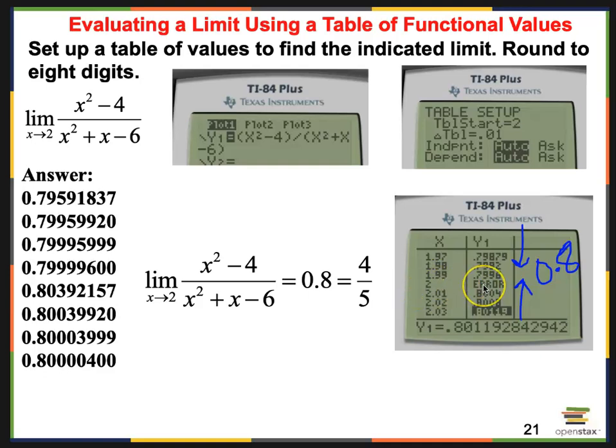Now at 2, there's an error, but as x approaches 2, you can see they're both getting closer and closer to 0.8. Not equaling, not getting to 2, but it's getting close to 0.8. So 0.8 would be our limit, which is 4/5.